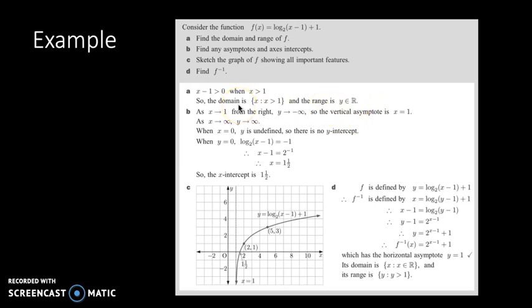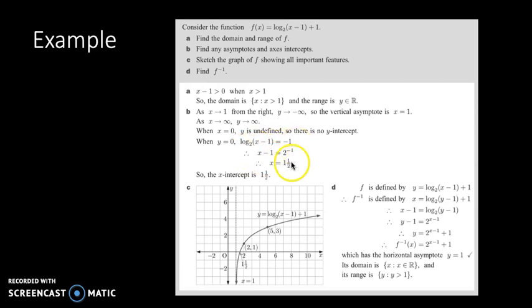So to do this, we're just going to find where the graph crosses the x-axis, which is when y equals 0. Gonna equate our equation here, our function, to be 0, and then as we can see here, we've just moved the minus 1 to the other side to get log base 2 of x minus 1 equal to minus 1.